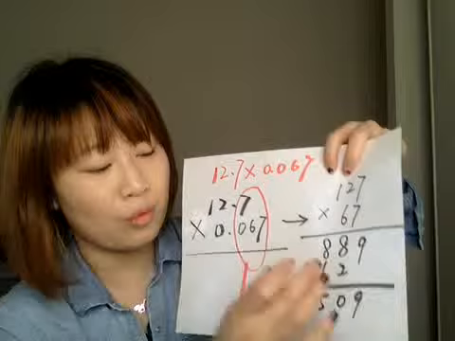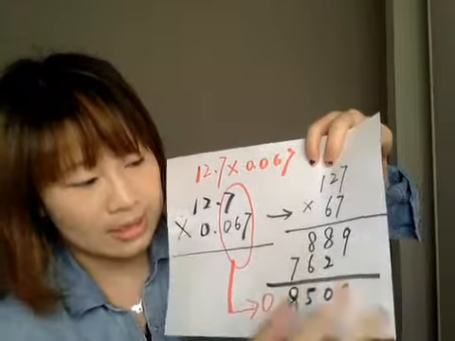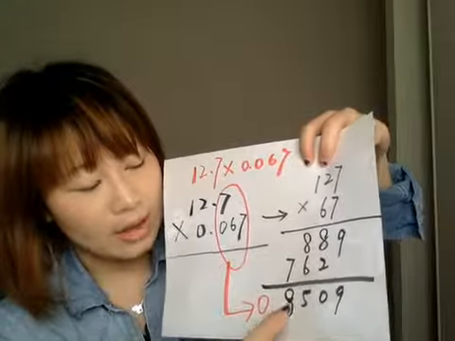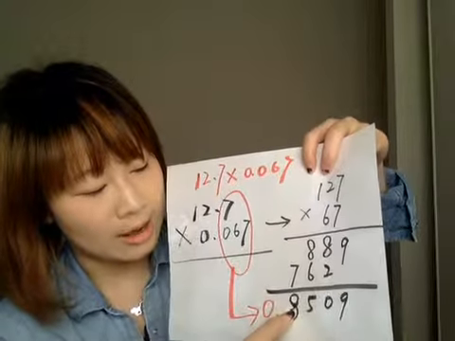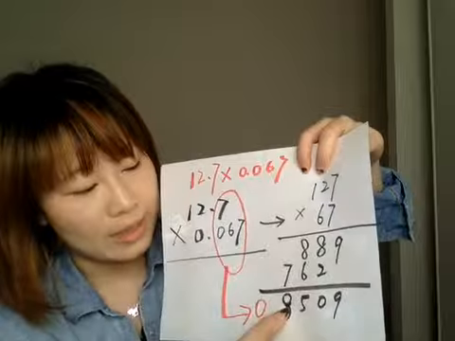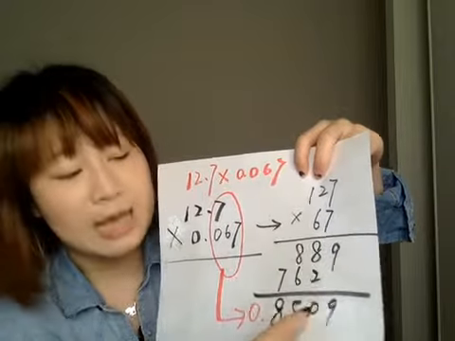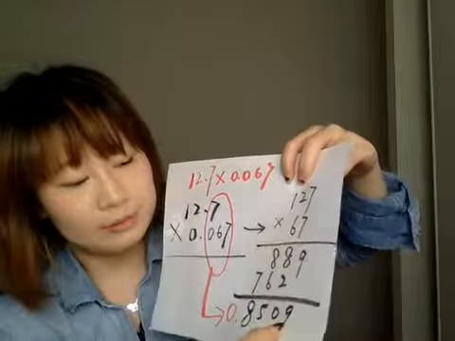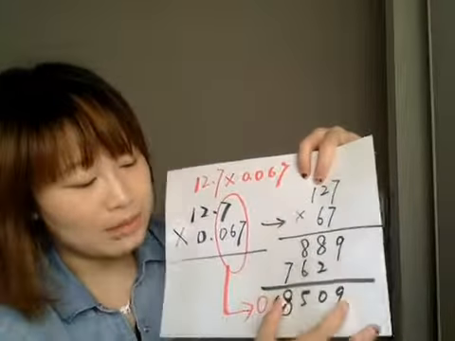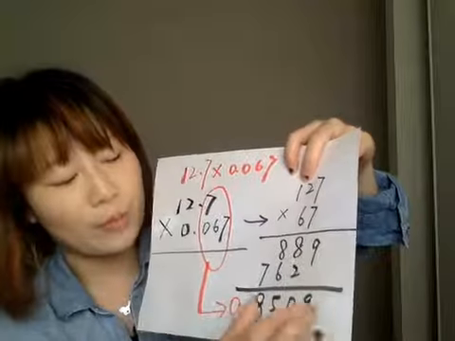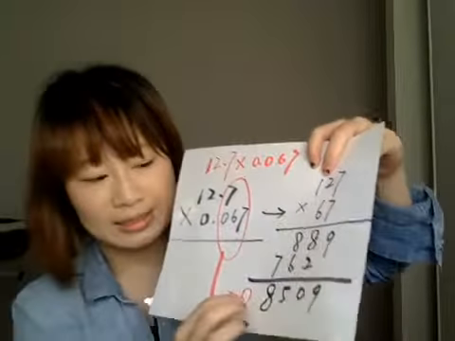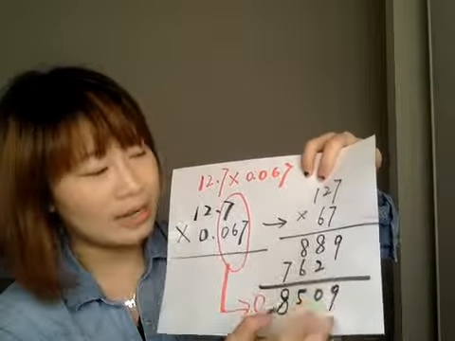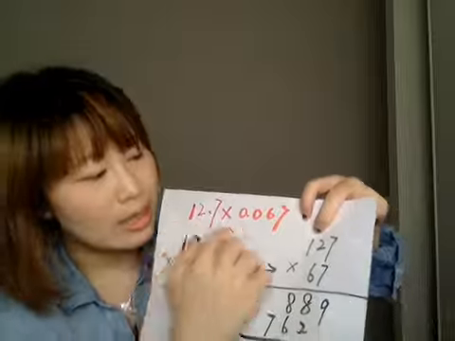We still need to correct this number to the 4th decimal place. Let's count: 8 is the first decimal place, 5 is the second, 0 is the third, and 9 is the 4th. So before that number we put the decimal point and add the 0. So 0.8509 is the final answer for this process.